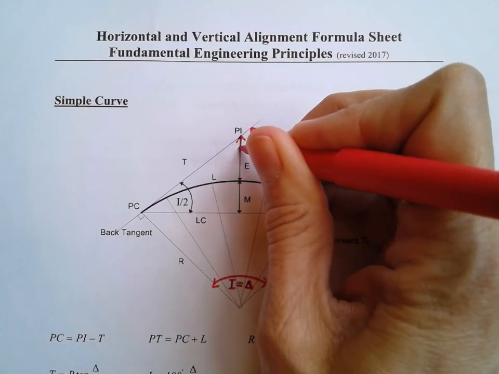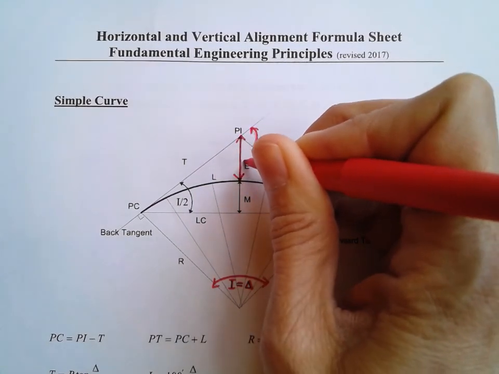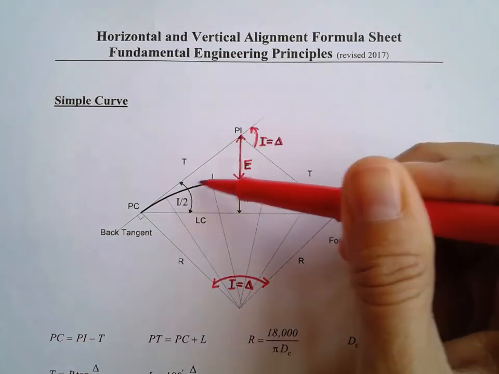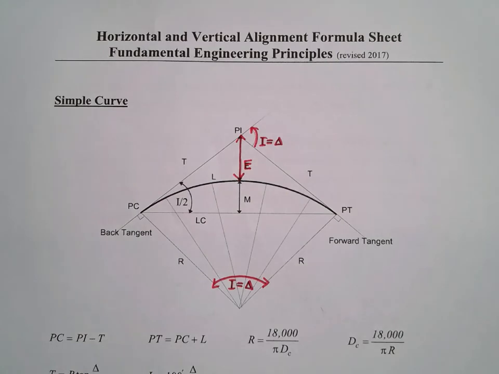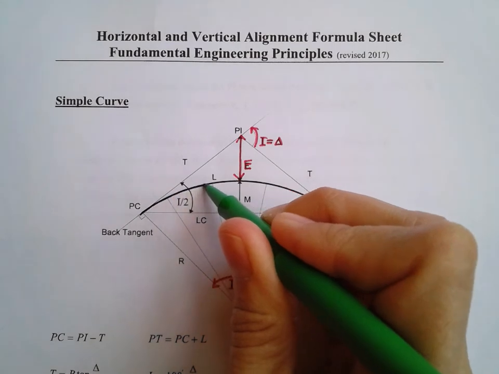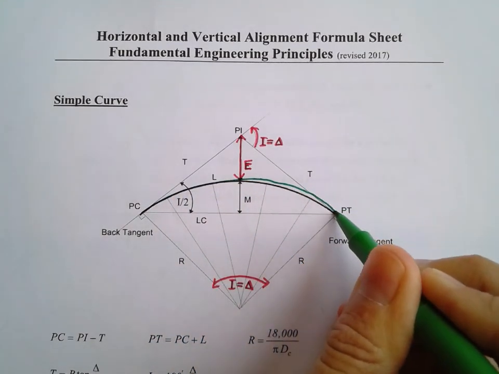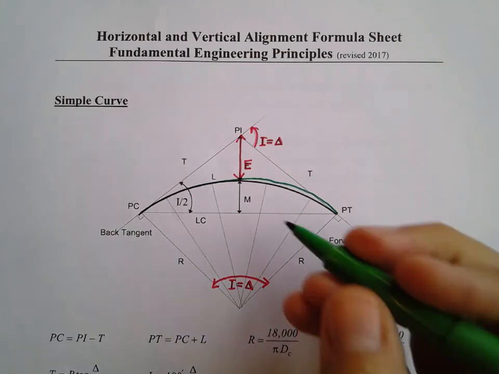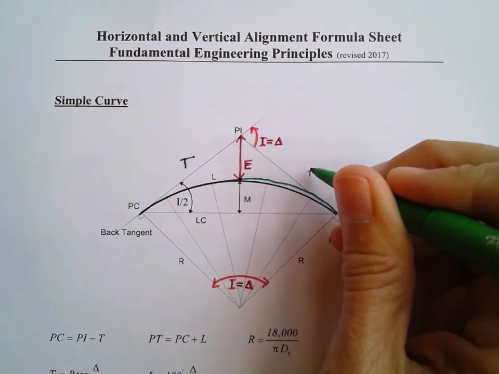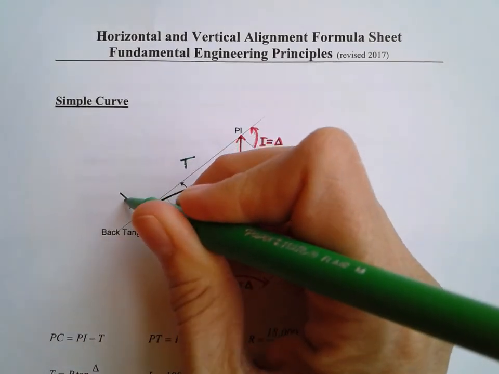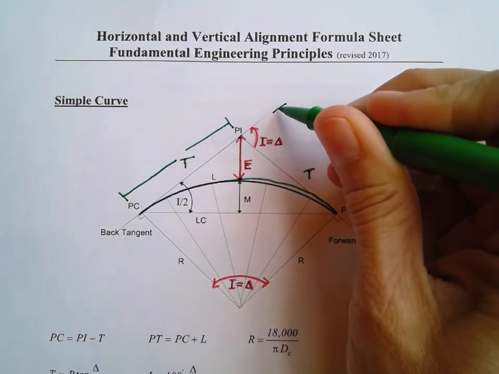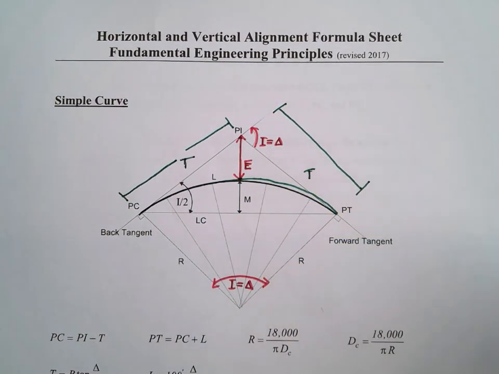We're also given this E distance, this external distance, which is measured between the PI, that point of intersection, and the midline of our horizontal curve here. And remember that the horizontal curve starts at this point of curvature and extends all the way around until this point of tangency here. The things that we're asked to find are the T, tangent distance, that is the distance from the point of curvature to the point of intersection, or from the point of intersection to that point of tangency.